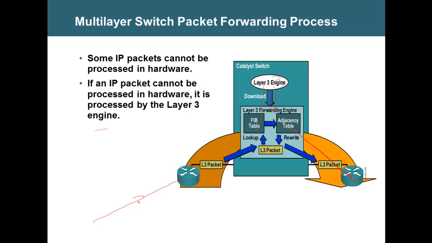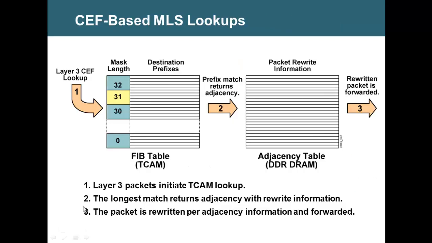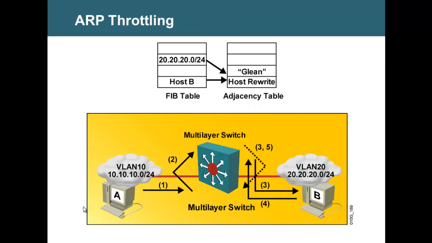And when the second packet comes, it will not be sent to the control plane. It will just be sent based on the FIB table. So only the data plane moves the packet. So this is what CEF is about. Not all of this is necessary. These are all head-breaking stuff, not very important.